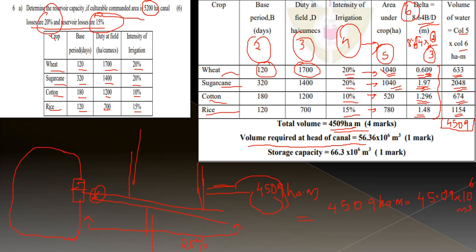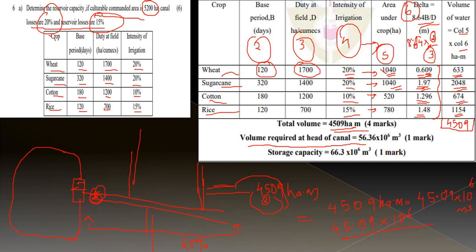So 45.09 into 10 raised to 6 meter cube is the water required here. To find out the water required at the head, we have to divide that value by, here it is, canal loss at 20%.